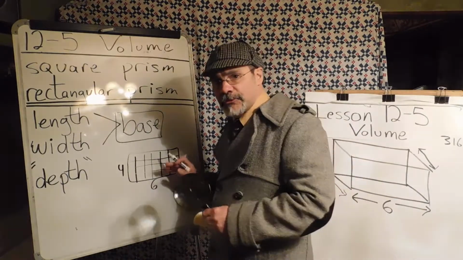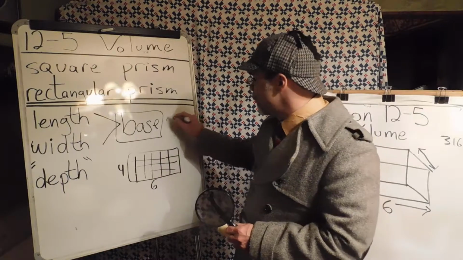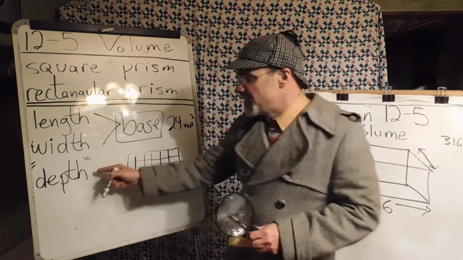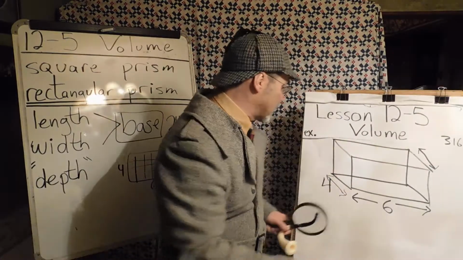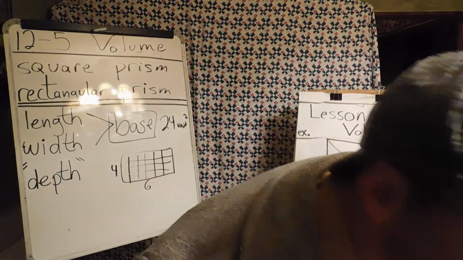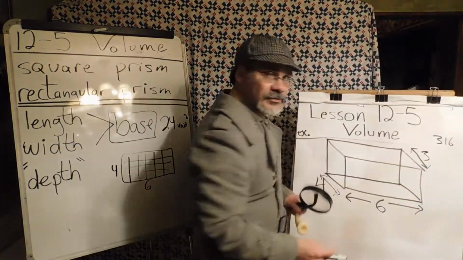It's almost as if they're doing the first multiplication for you. So the base is 24 square units, or units squared. The depth, the front to back dimension over here, is going to be 3 units.